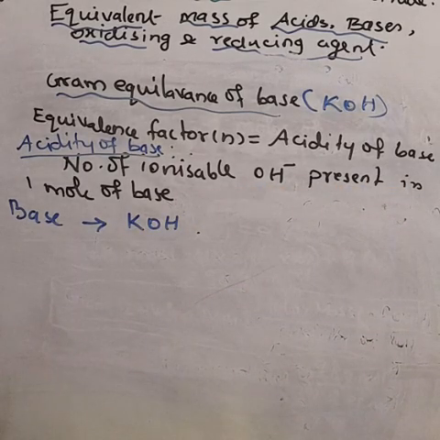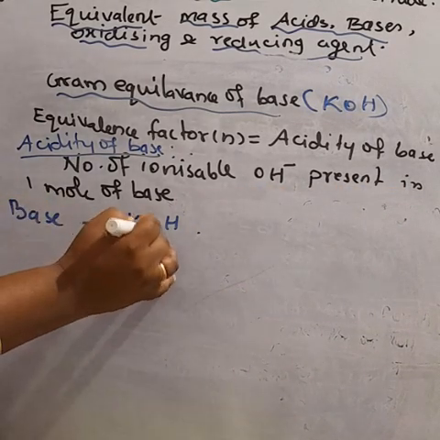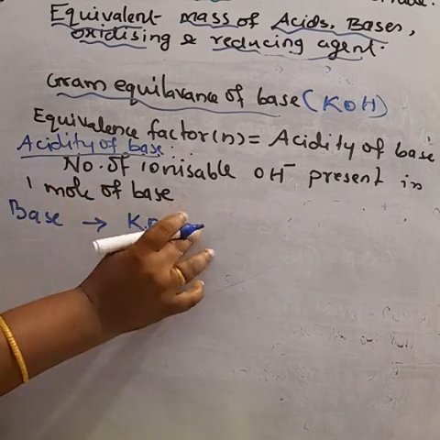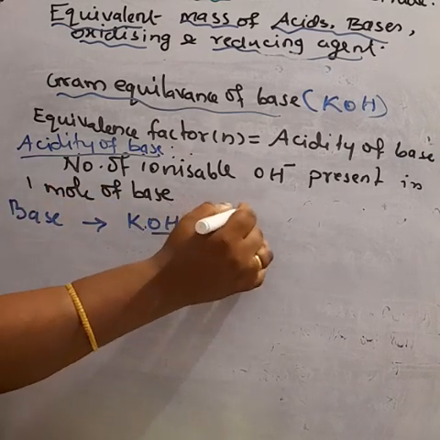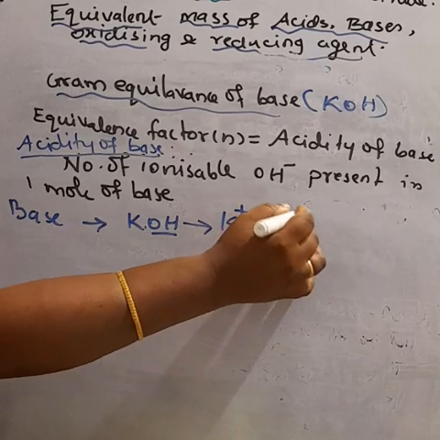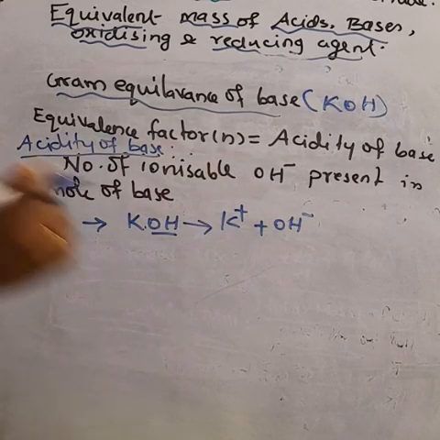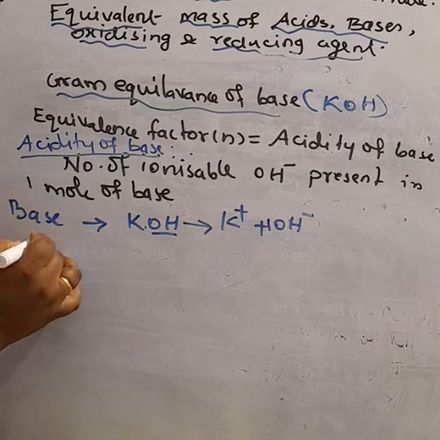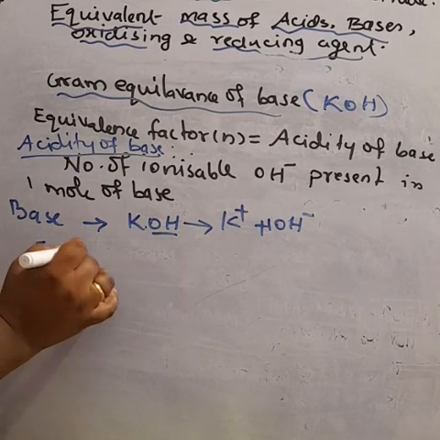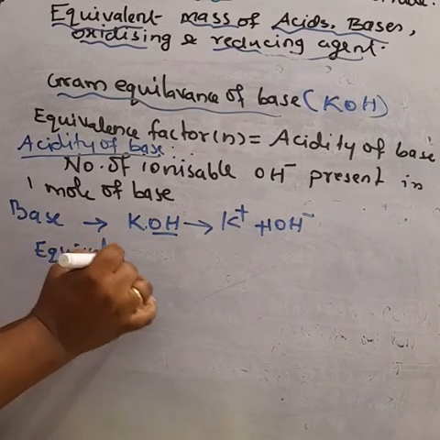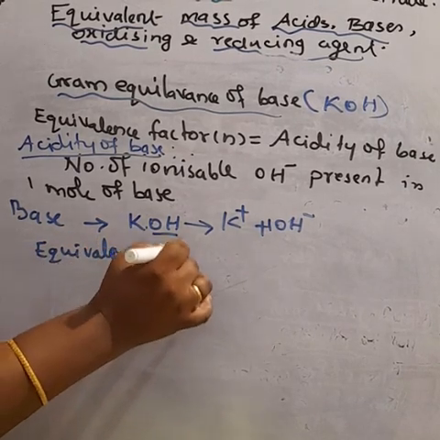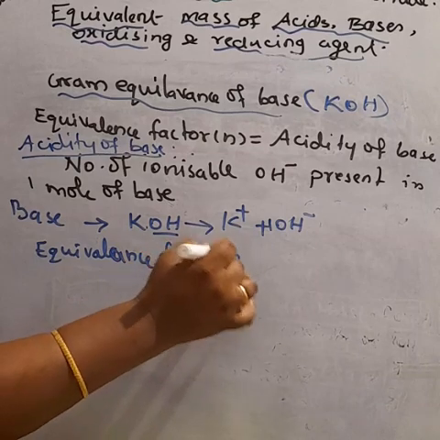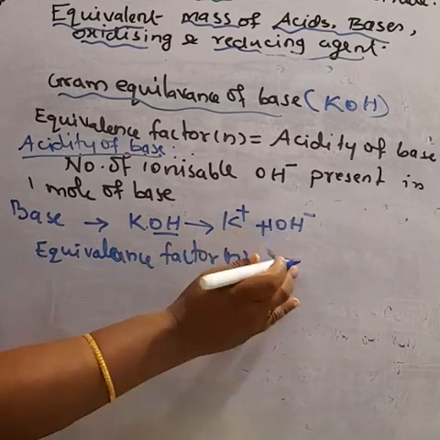OH minus ion. How does KOH ionize? K plus and OH minus ions. How many moles of ionizable OH minus ion are there here? 1 mole. Understood? So what is the equivalent factor here? 1 equivalent per mole. The equivalent factor here means the acidity of the base, which is 1 equivalent per mole.